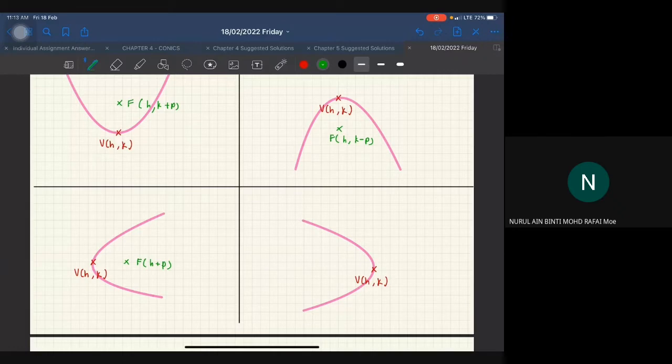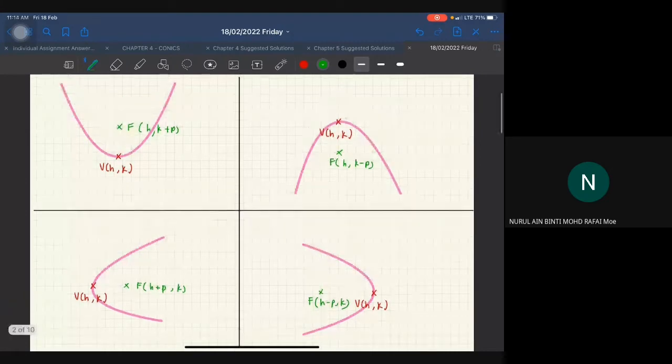Nilai yang duduk dekat belah kanan, nilai yang lagi besar daripada yang belah kiri. Alright, and then Y dia stay as K. Settle. Okay, and then lastly, the last foci sama juga macam yang belah kiri tadi. Nilai Y kita sama, nilai X kita berubah. So we have H minus P, K.